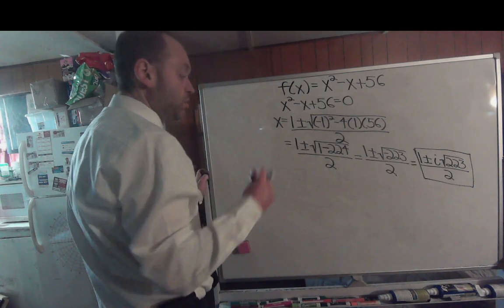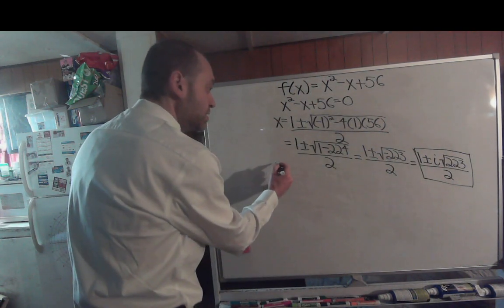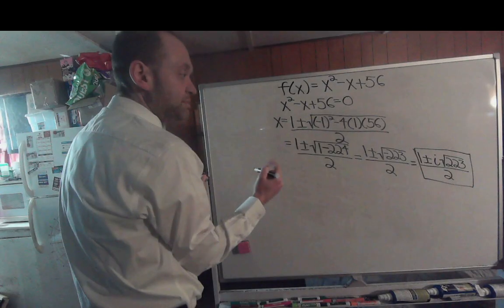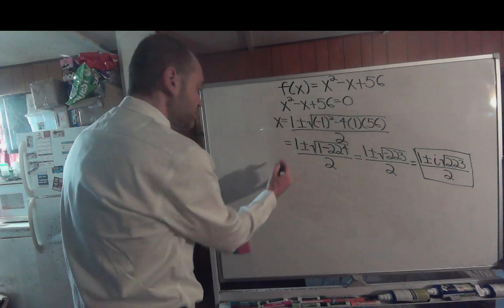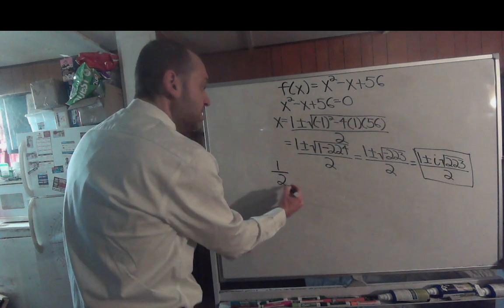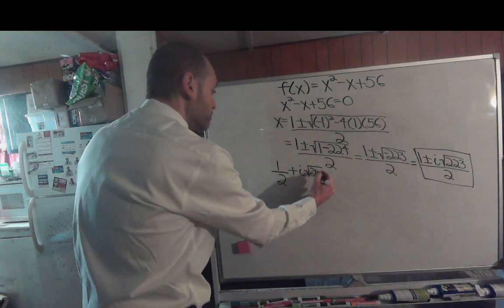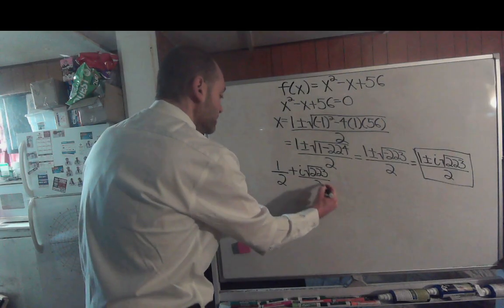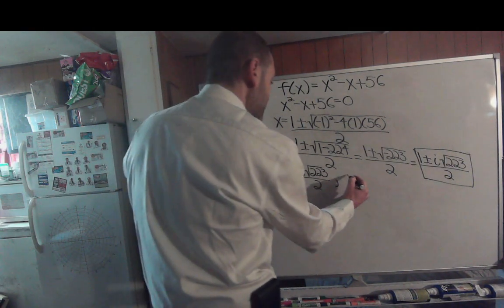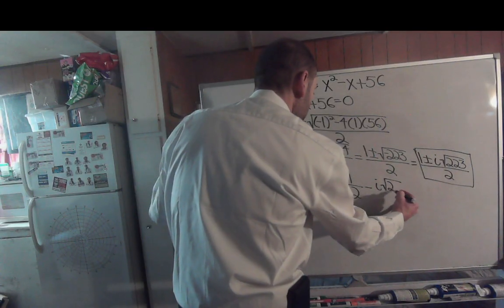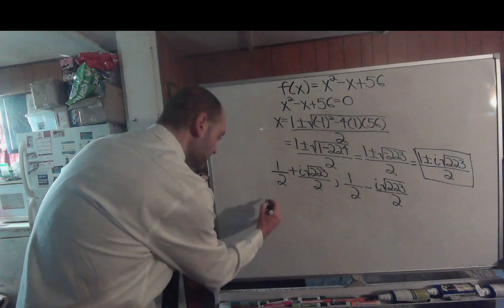So we want to factor this as linear factors. Well, let's break this down. That 1 plus or minus i times the square root of 223 over 2 would break down into 1/2 plus i times the square root of 223 over 2. It would also break down into 1/2 minus i times the square root of 223 over 2. From here, we can form our linear factors.